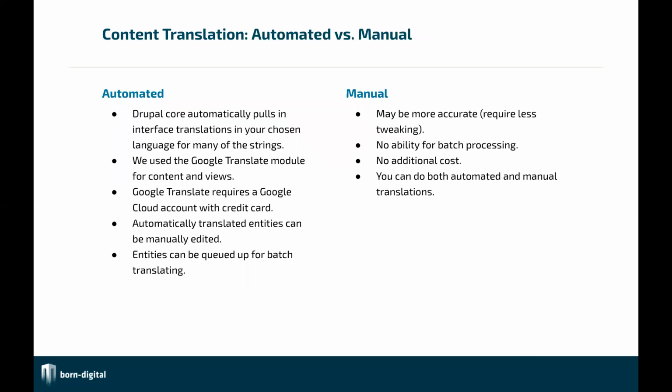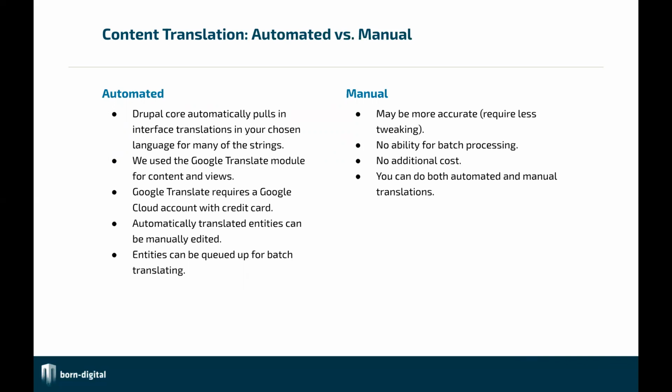There are different ways that you can translate content, and we have clients who are using both. There's automated, which Don mentioned. We're using the Google Translate module for this, which automatically pulls in, well, Drupal core pulls in the interface translations, and then we used Google Translate to get translations for everything else on one of the sites.